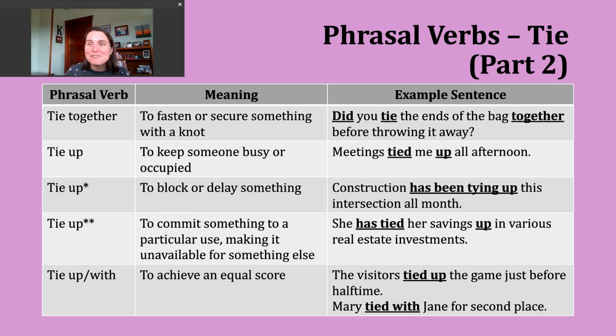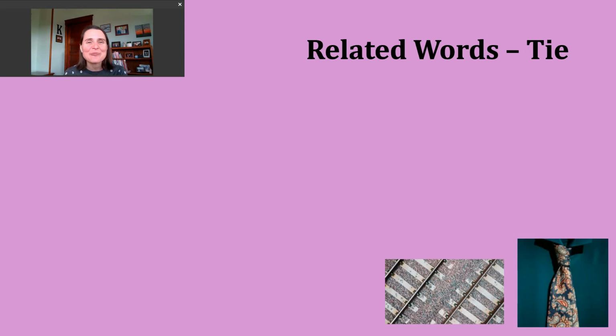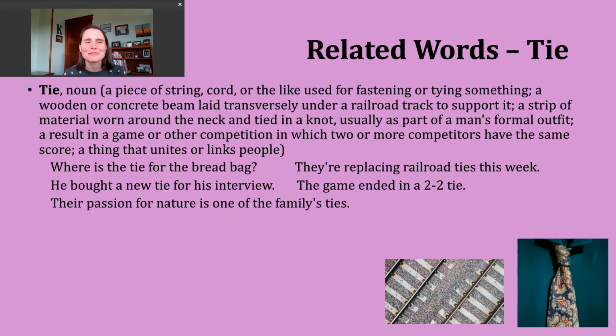Now let's move on and talk about some words that are related to our verb tie. The first word we're going to discuss today is the noun form of this word. So tie, as a noun, has the exact same spelling and the exact same pronunciation. Like our verb, there are many different ways to use the noun tie.